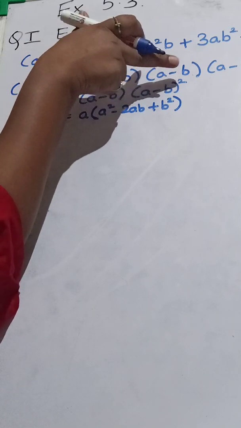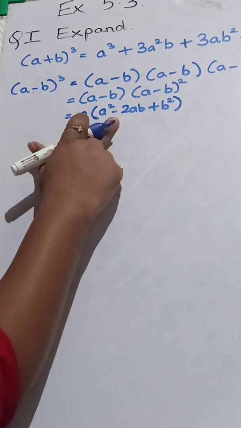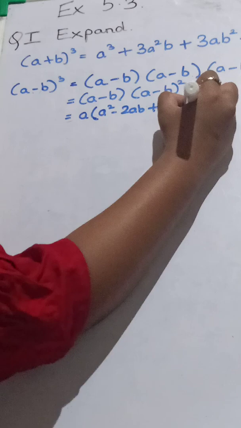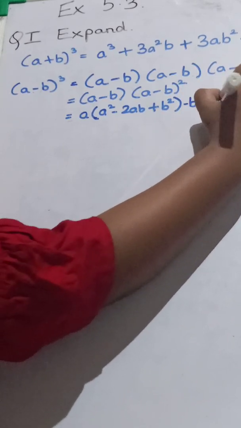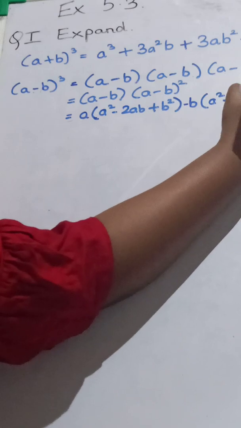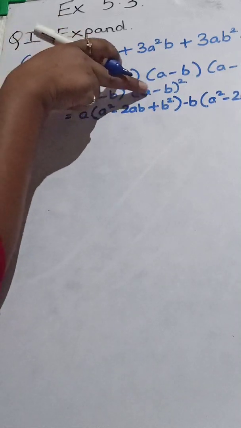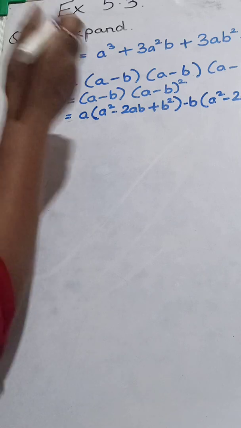Last year in 7th standard you all have studied (a minus b) square is a square minus 2ab plus b square. Same goes for b. So we have substituted (a minus b) square with a square minus 2ab plus b square.